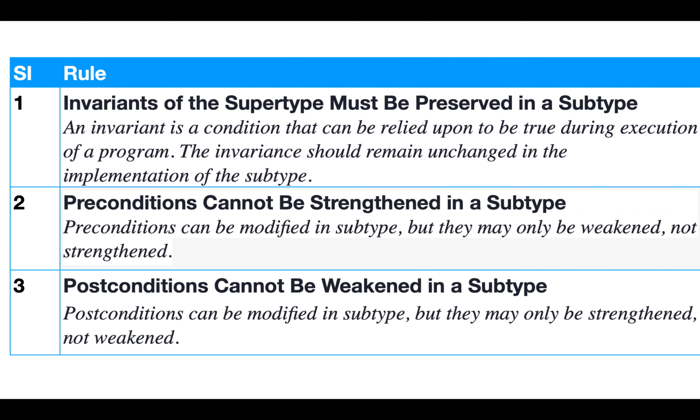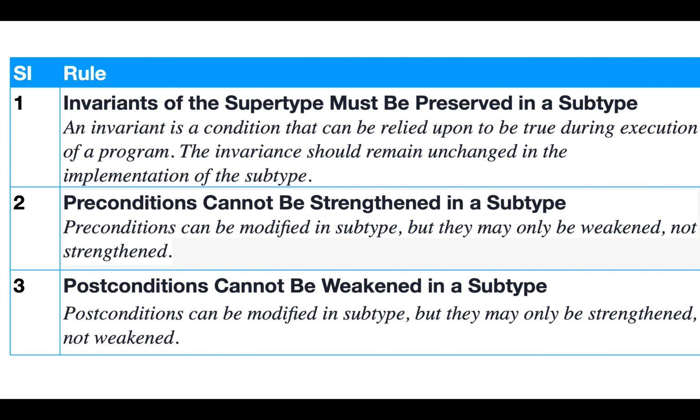So all those things we learnt now are related to syntax. Now we learn about behavioral requirements. Rule number 1 tells invariants of the supertype must be preserved in the subtype. What is an invariant?